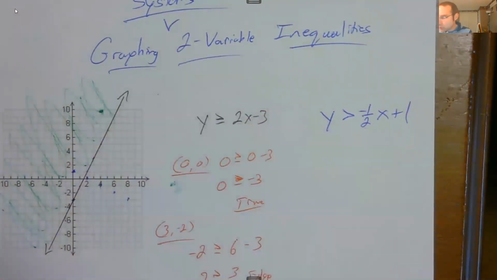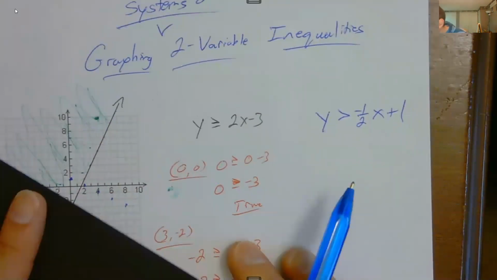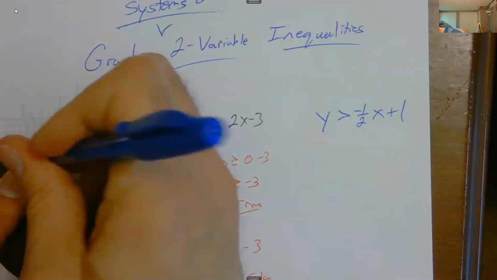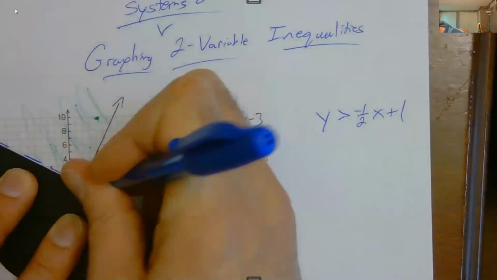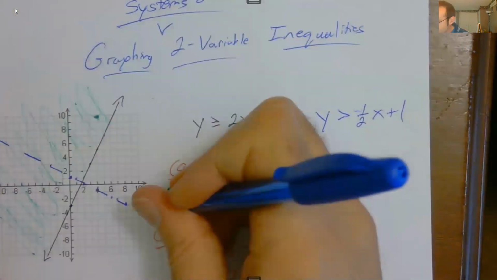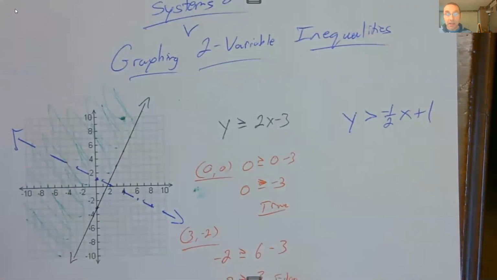And I am going to use a dashed line or a dotted line because this is strictly greater than, not greater than or equal to. So a dashed line along here or a dotted line, either one works, to indicate that we're not actually including the line itself, right?